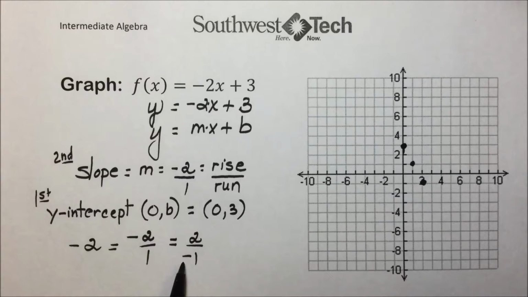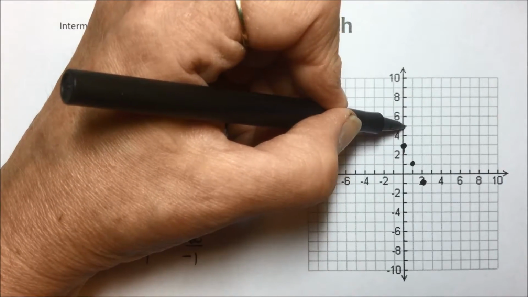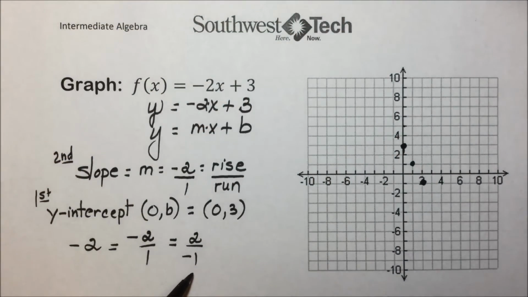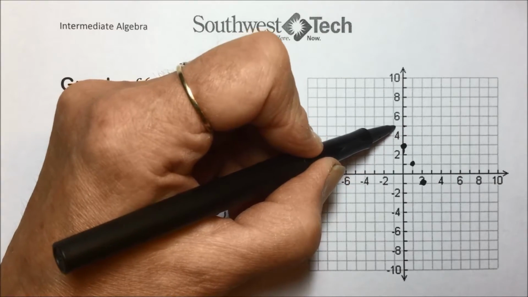A positive divided by a negative is a negative 2. So an alternative slope would be to rise a positive 2. So that means I'm going to go up 2 and then run negatively. And running negatively is to the left. So a rise of 2 and a run negatively.